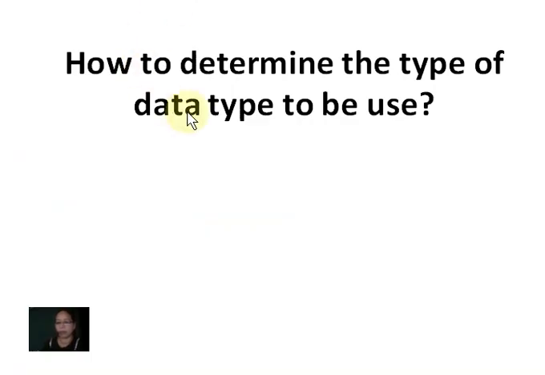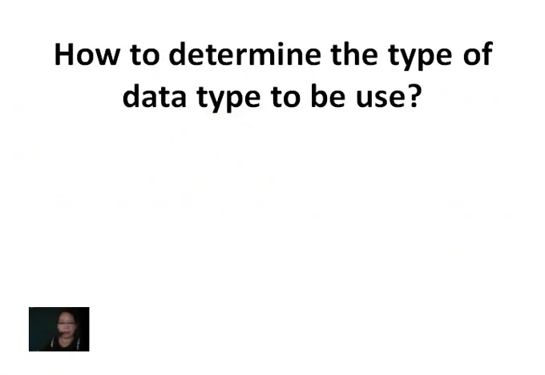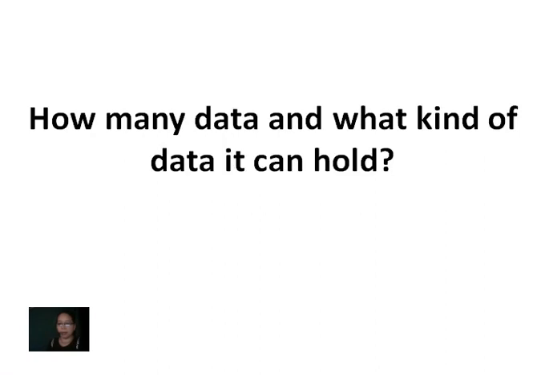How do you determine the data type to be used? Before you select a data type, you have to ask yourself how much data and what kind of data it can hold, to determine the data type to be used.